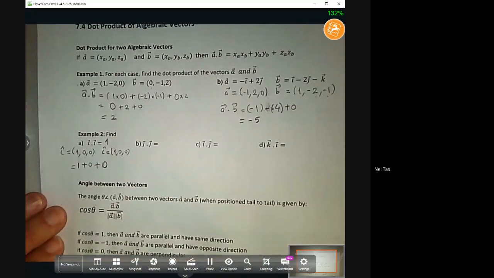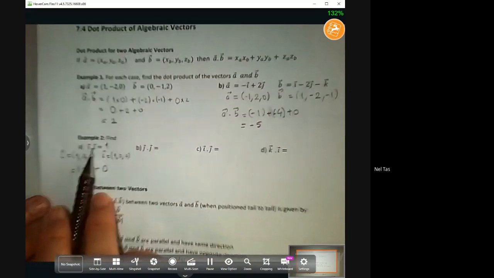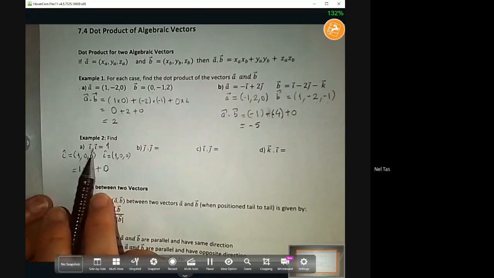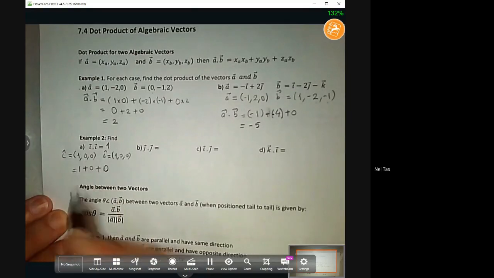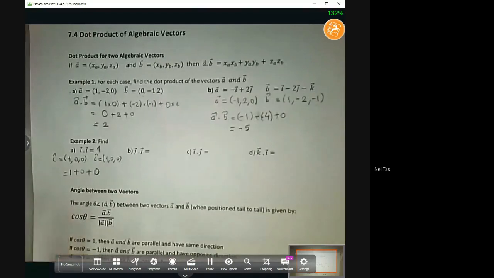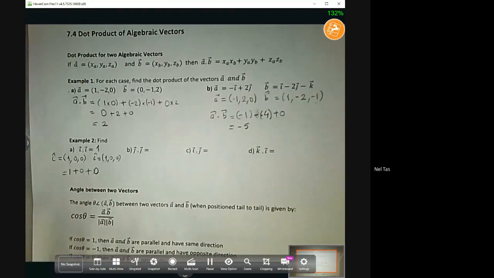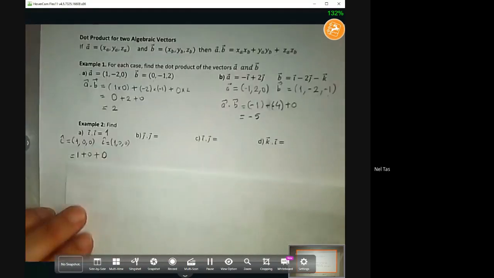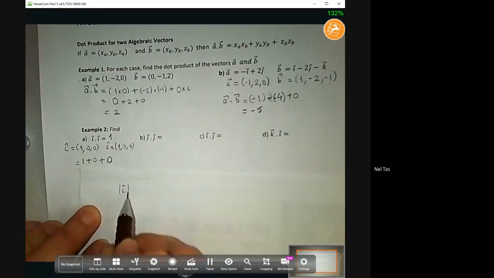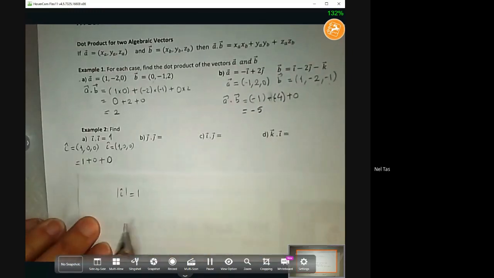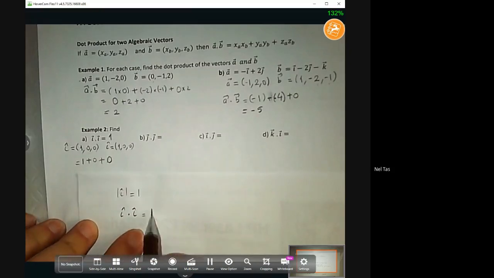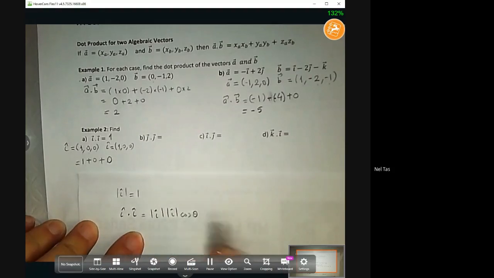If you wanted to use the geometric method for this one, magnitude of I, so let me do it on a piece of paper. Magnitude of I is 1, as you know. So when you do I dot I using the geometric vectors method, magnitude of I times magnitude of I times cos theta.